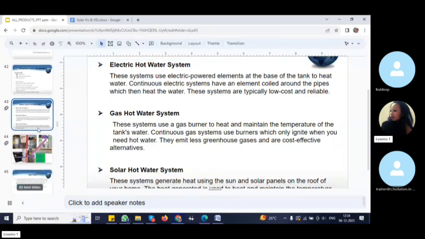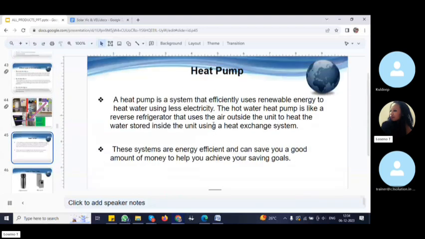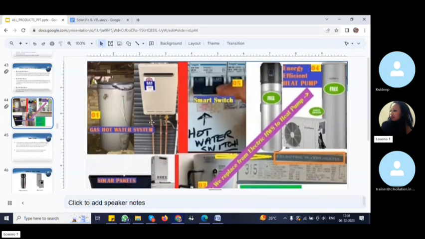When I say heat pump, what is a heat pump? A heat pump is more or less like an electric hot water system, because a heat pump also runs on electricity, but with advanced, smart technology built in. If we take an example, this is an old gas hot water system.